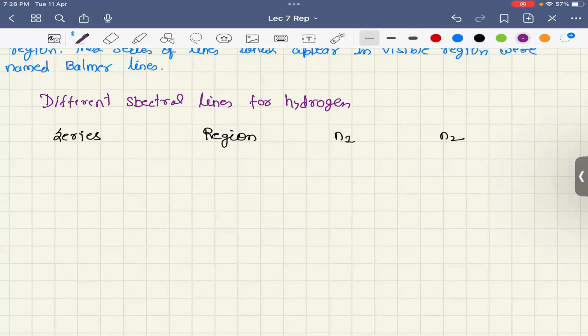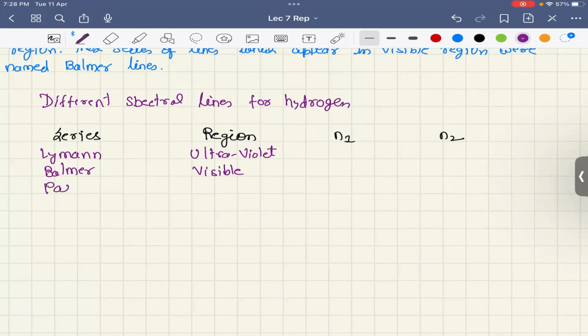The first is the Lyman line, and this belongs to ultraviolet region. The second is Balmer line, and it is in the visible region. The third is Paschen line in infrared region, then Brackett lines.